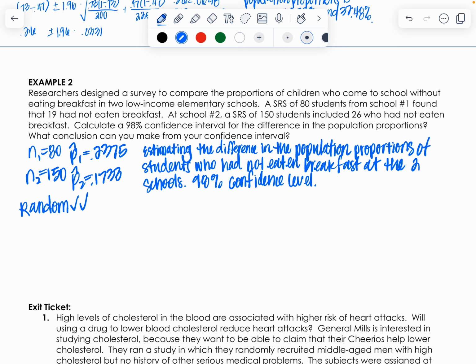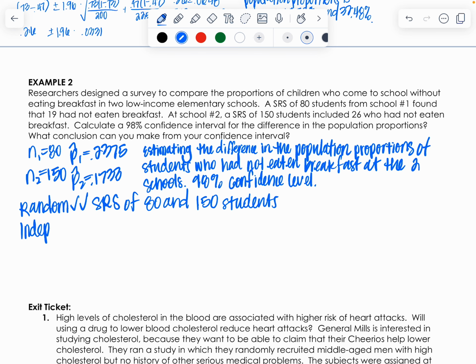Right, now yesterday I maybe detailed why it's random. To be honest with you, if you just check it off, that's helpful enough to know that is one of the conditions. But if it helps, you could say SRS of 80 and 150 students.